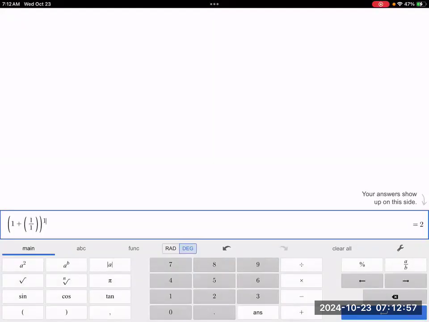Now if we were to do a different number, let's say when n is 5, it's now 2.48832. Let's do it again. And I want to round to a lot of decimal places here today. Let's do 10. So it's now 2.5937. So we started out at 2, 2.49, 2.59. Let's tack on 100.